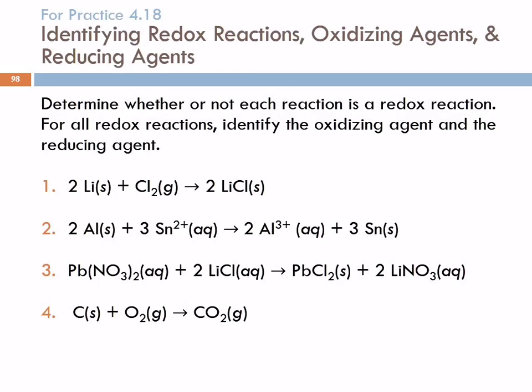We probably should do that to identify the agents in here. But here we have a metal and a nonmetal, and they're forming an ionic compound. Ions are being formed. If we go from atoms to ions, there has to be loss and gain of electrons. So this is a redox reaction. So we could look at it based on charges. We can do that with ionic compounds. We can't with molecular compounds.